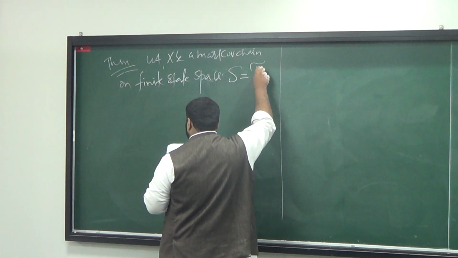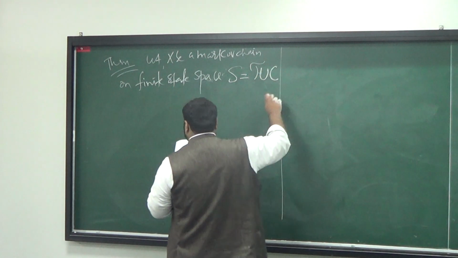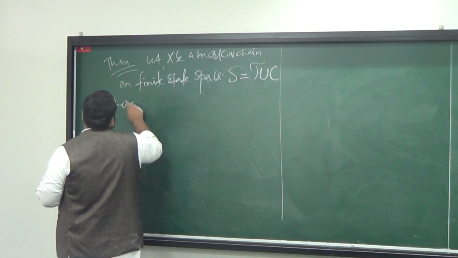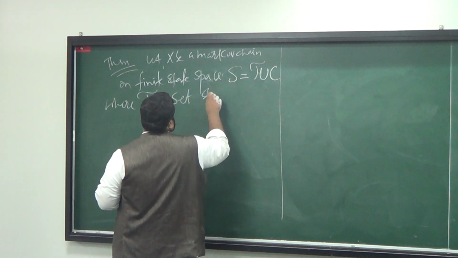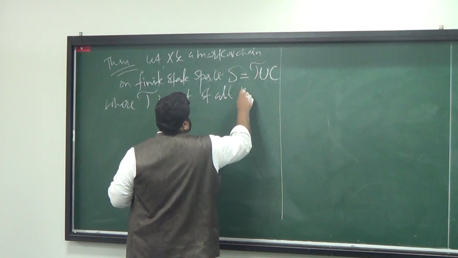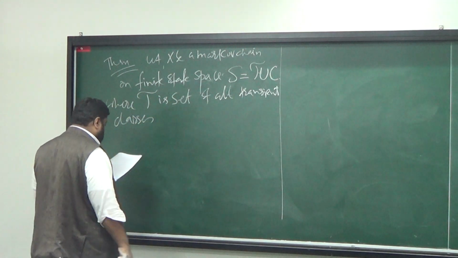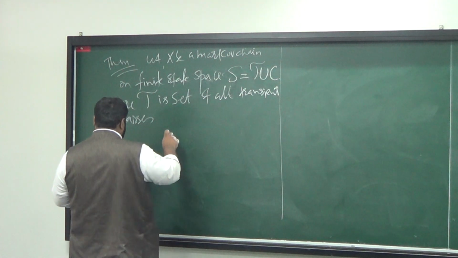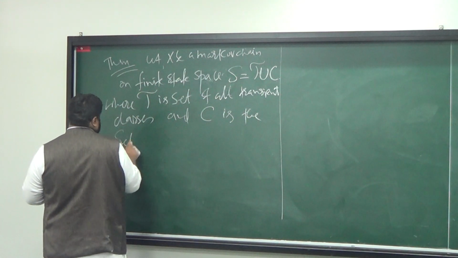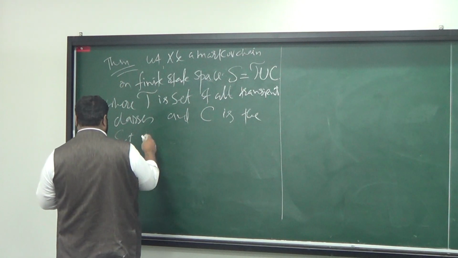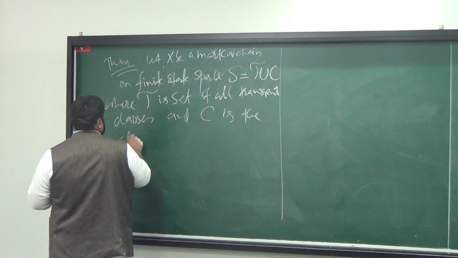and C. Writing a description of it: this T is the set of all transient classes, and C is the set of irreducible classes of recurrent states.